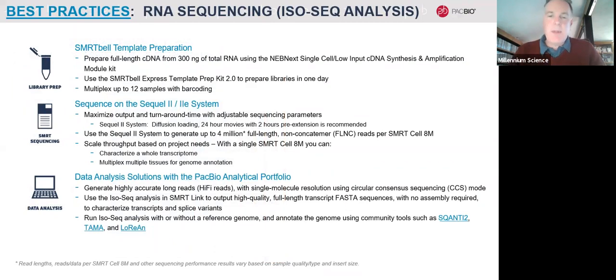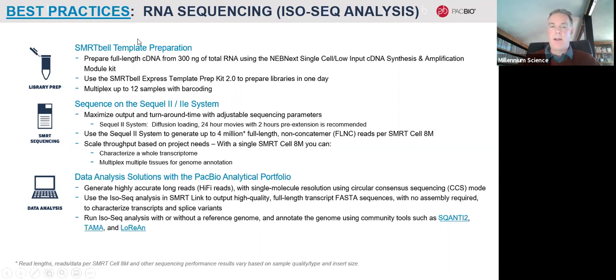So I suppose rounding up a little bit with this, and we do have a little bit to talk about just after this, a different application that's related to ISO-SEQ, something a bit more specific, if you like, but the best practices for ISO-SEQ here are just summarized. For making your libraries, you want to make your full-length cDNA from about 300 nanograms of total RNA. As we said, good quality. There are good QC checks to make sure that you've got good quality RNA.